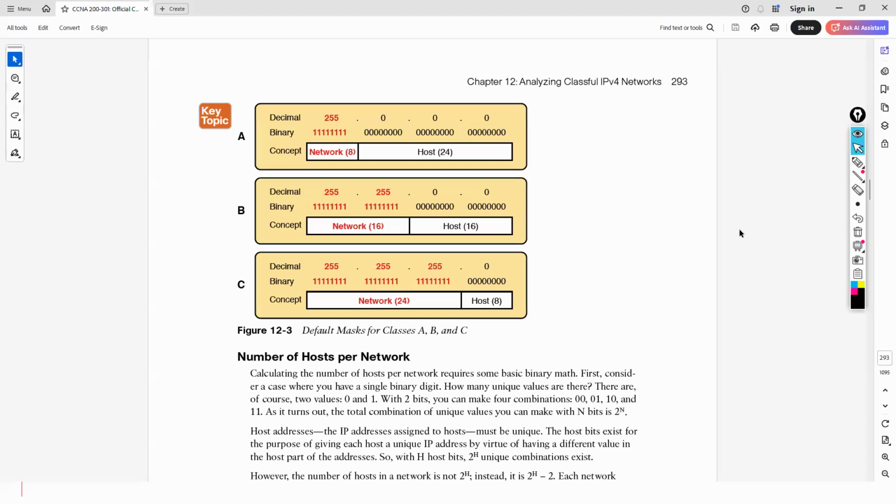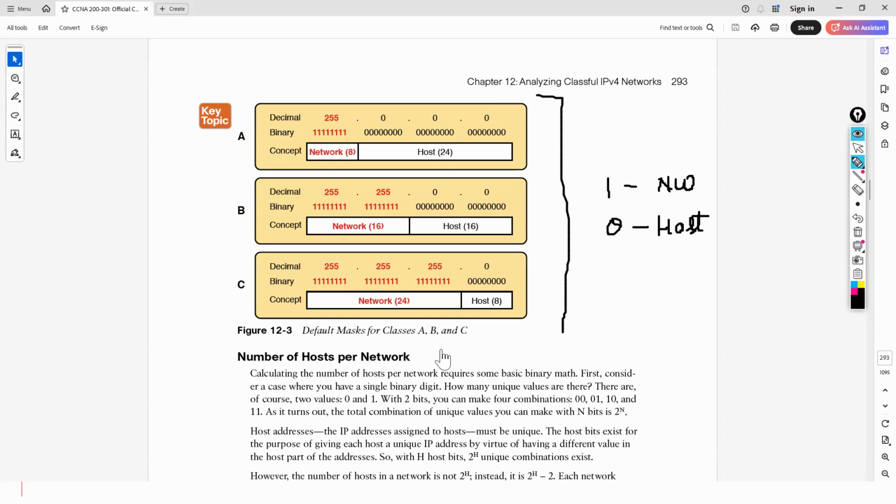So please remember, a networking device always understands the network part and the host part based on the number of ones in the address mask. It always sees 1 as network part and it sees 0 as host part.